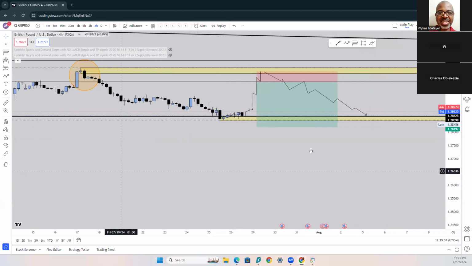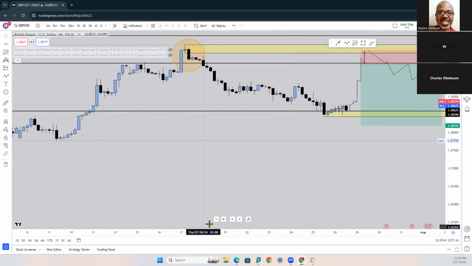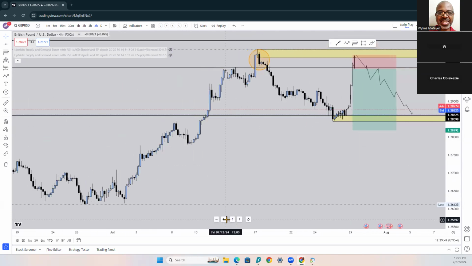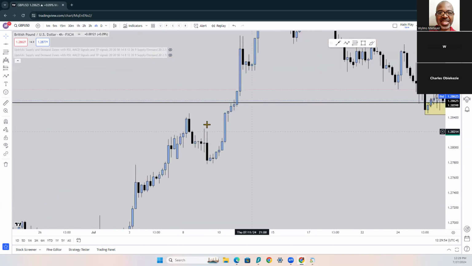because the market will leave gaps, and we call them fair value gaps. And what it needs to do is fill those gaps. And gaps are pretty much, I'll show you what a gap looks like. It's between candles where the wicks do not meet. You see, this is a gap right here.